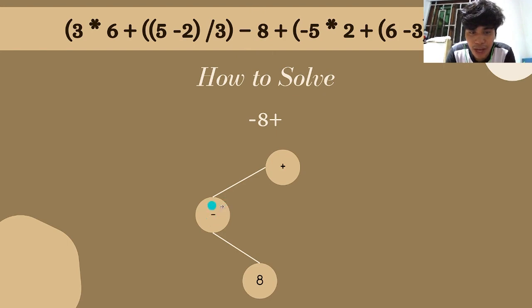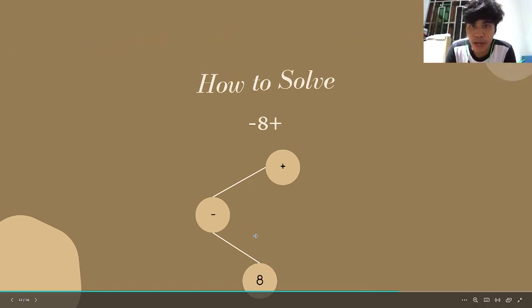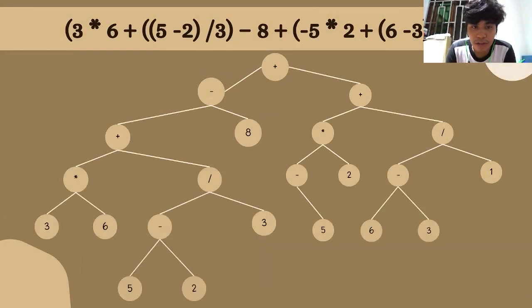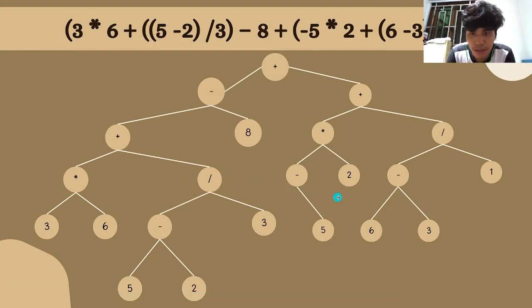Here we have the negative sign as the parent node of the node that will contain the constant a. So there you go. And now we proceed, and this is going to be the final answer for that node. Here you can see all the solutions that we did earlier, and there you go.